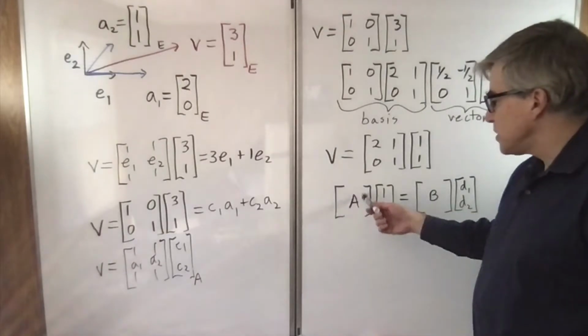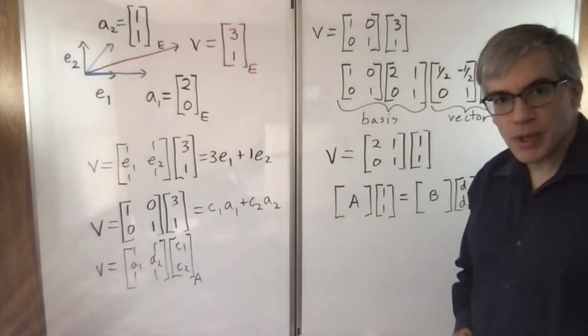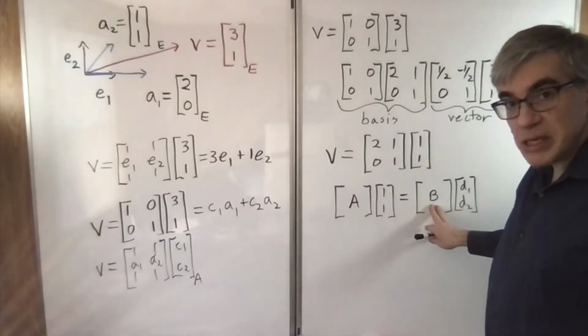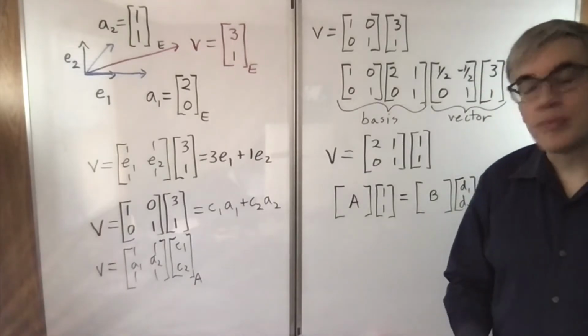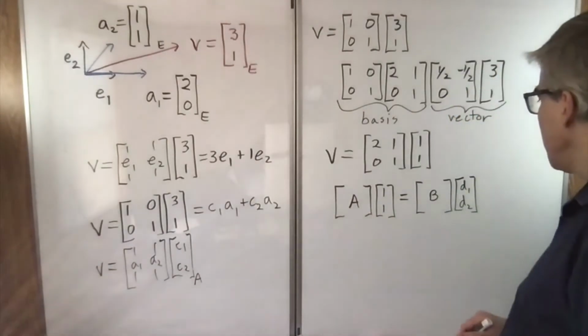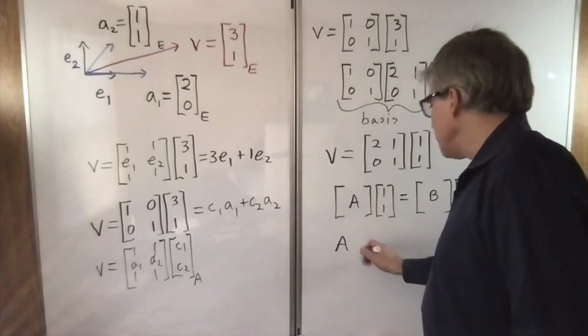We have the matrix A and the components (1, 1) to make the vector v. I'd like to know, if I know the basis vectors B to make the basis matrix, what are d1 and d2? Well, we're starting with A, (1, 1). We want to end up with B and then something else by multiplying stuff in the middle.